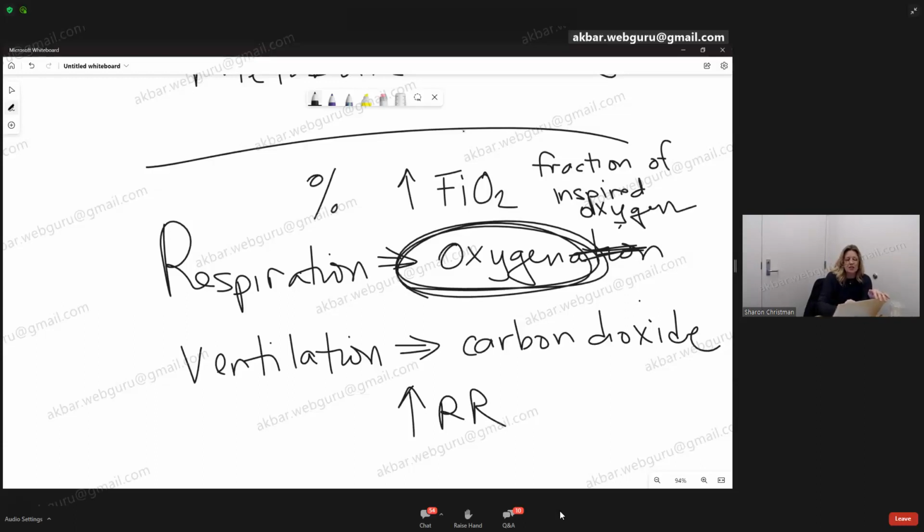It's the percentage of oxygen that they're breathing in. Like if we say they're on 30% oxygen, that's FiO2, 30%. We're going to talk about that later though, but if you're asking how do you treat underventilating, you increase respiratory rate. If their O2 sat is low, you increase the percentage of inspired oxygen.